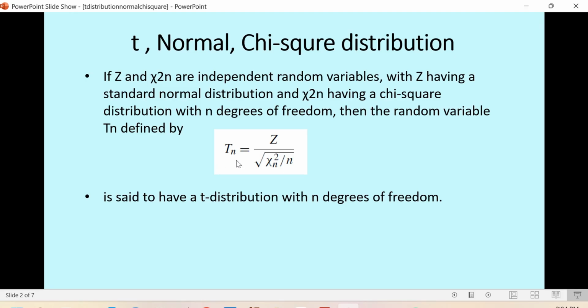This t is called a t random variable with n degrees of freedom, where n is the same as the degrees of freedom for the chi-square random variable.